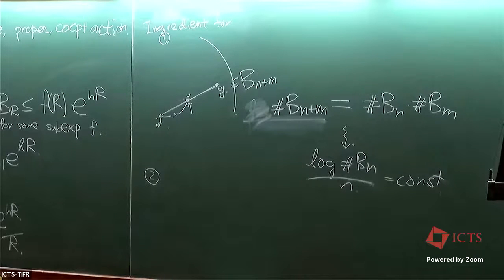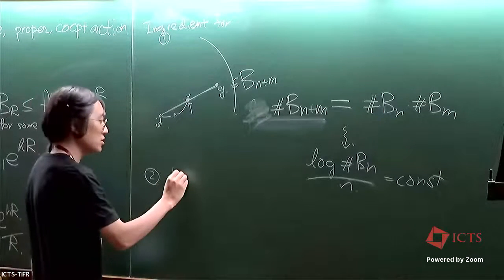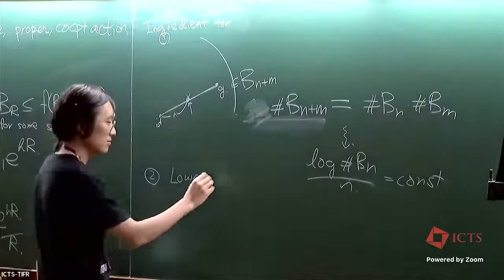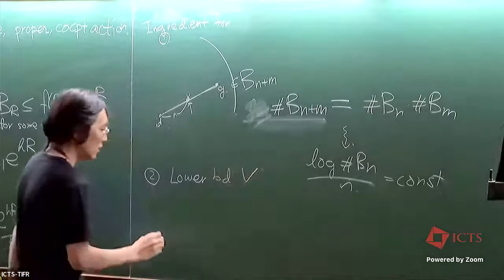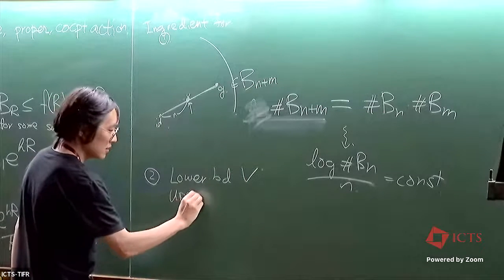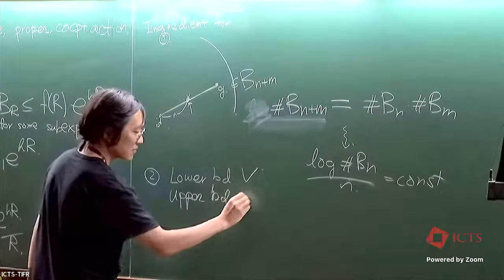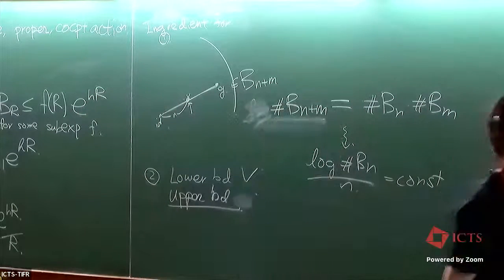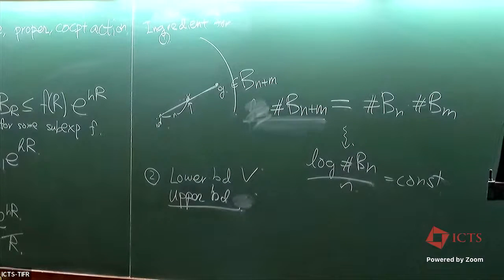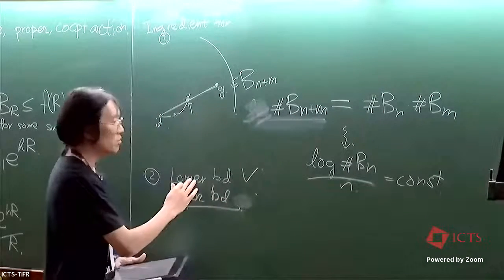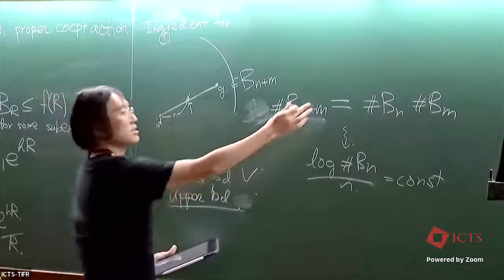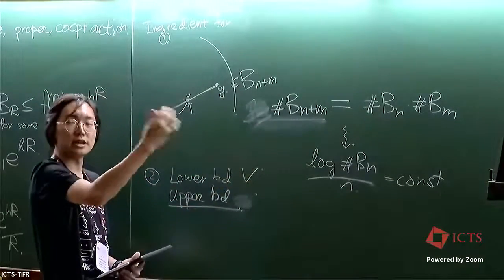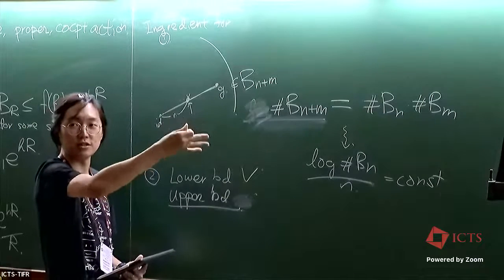For item 2, the lower bound was already achieved because of Fekete's lemma. Now we're trying to establish the upper bound. How do we do that? Again, the lower bound came immediately because it was an inequality, but there was no reverse inequality guaranteed for a general metric space, a general group action.